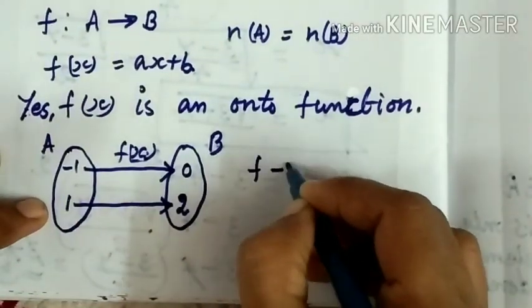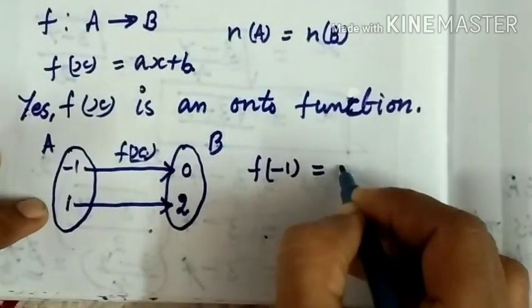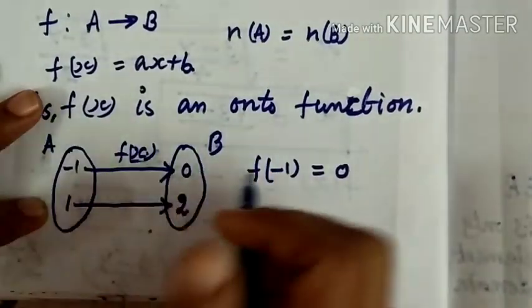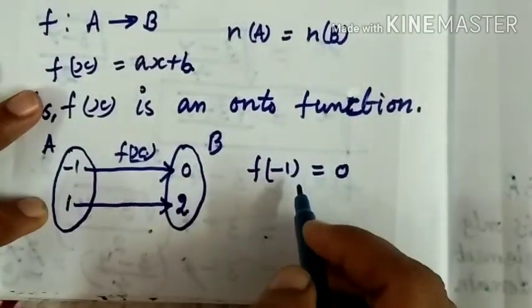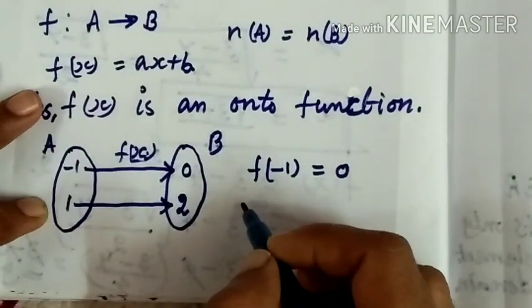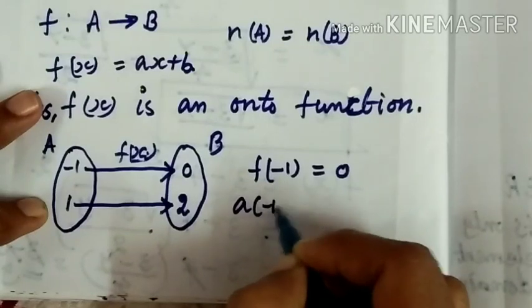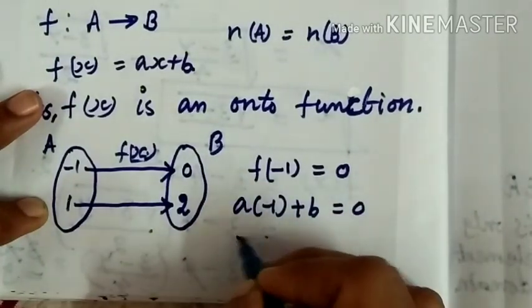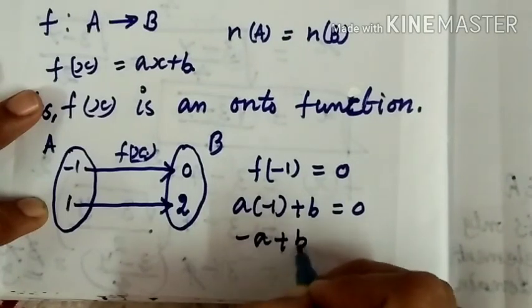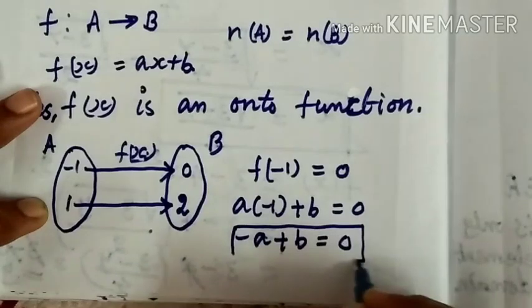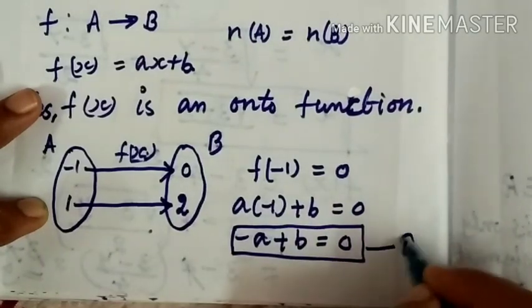f of minus 1 equal to 0. Then given function ax plus b, replace x with minus 1, we get a into minus 1 plus b equal to 0, which is minus a plus b equal to 0. This is equation number 1.